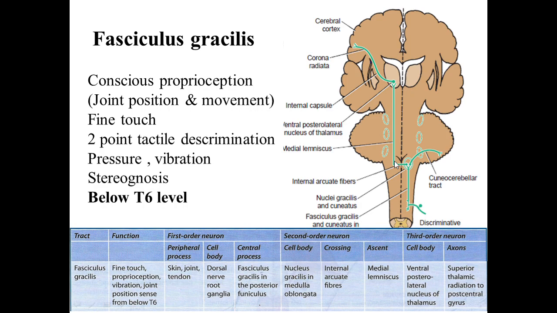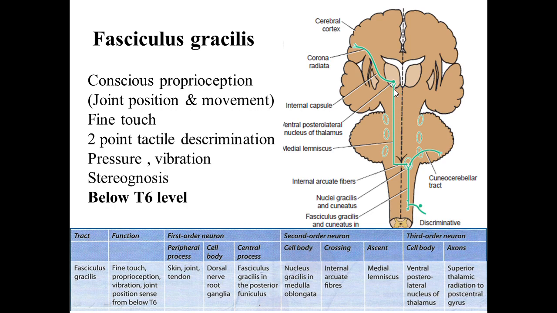Then these fibers ascend as medial lemniscus. This is the medial lemniscus, and the fibers in the medial lemniscus enter into the thalamus. Now which nucleus? The ventral posterolateral nucleus of thalamus.